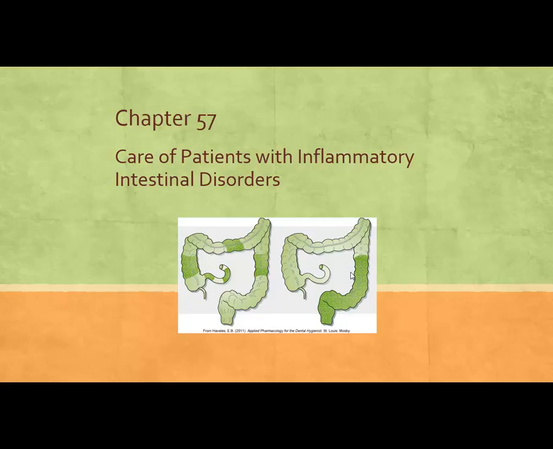So we may see some drugs that inhibit tumor necrosis factor and decrease inflammation, so Remicade, Humira, some of those drugs that we also see with RA. Definitely they're going to have long-standing nutritional deficits, so it'll be very important to have nutrition consults.